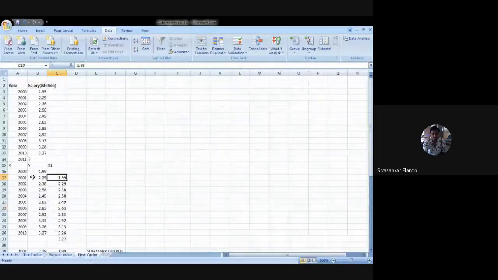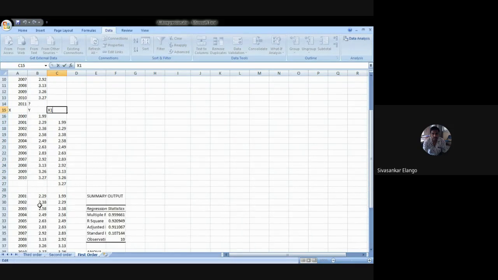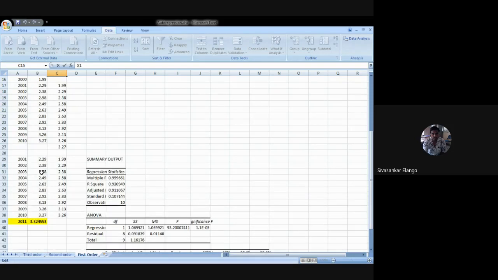First order auto regression, the same problem. I'm going to compute the sales only on the past 1 year's sales, using only yt minus 1 to predict the future sales. So this is y, this is yt minus 1. Based on this, I construct a linear regression formula, right?